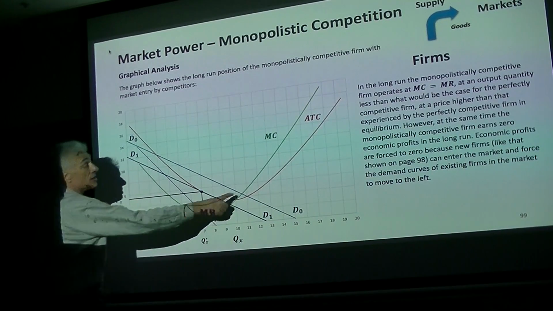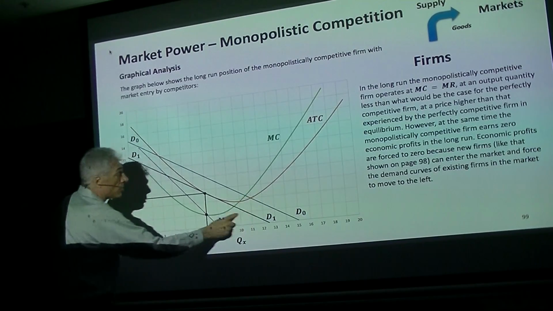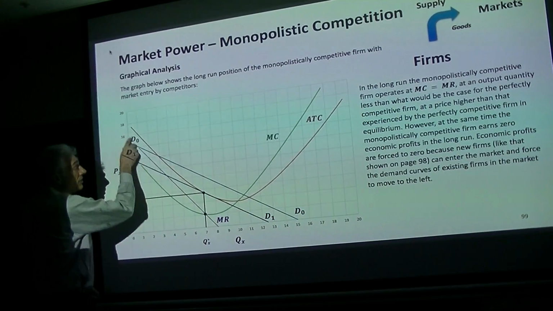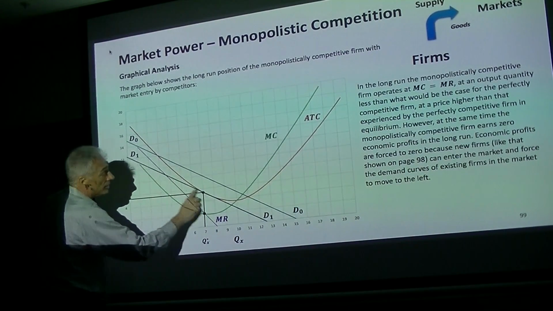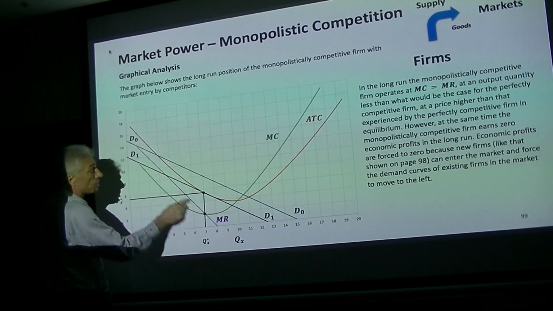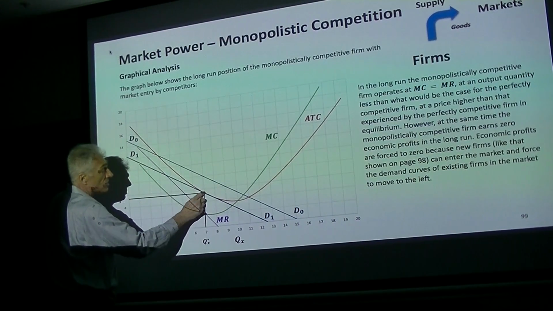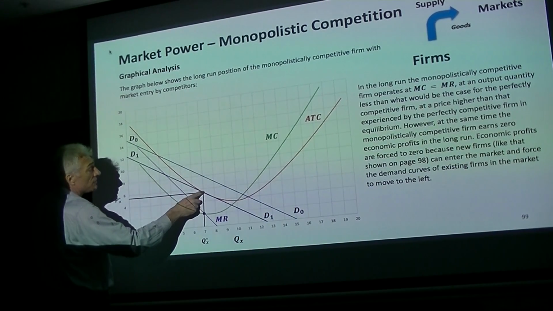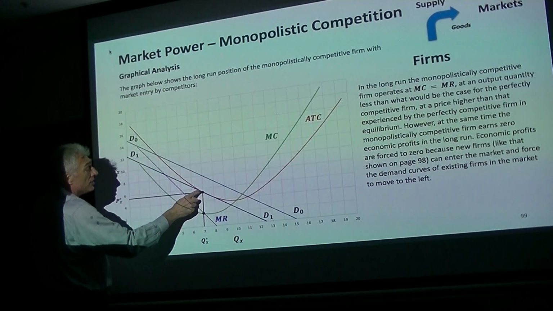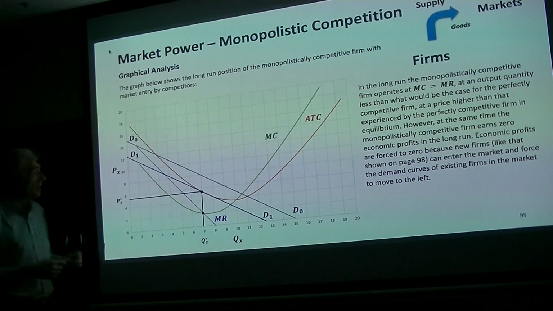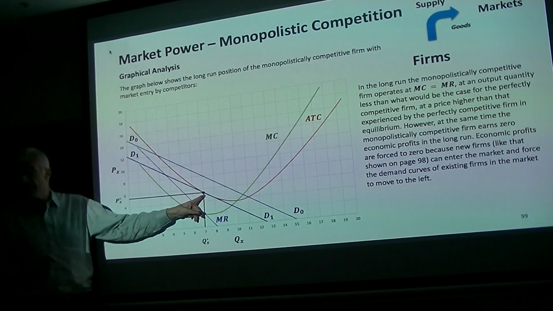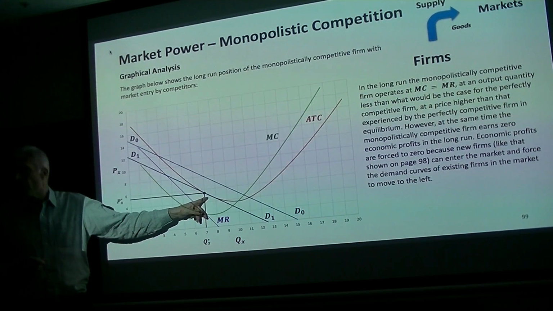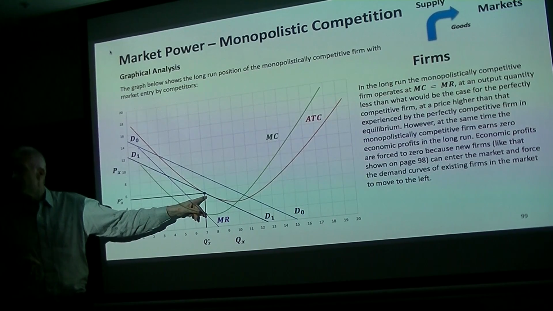So you can see it's on a different point. The average total cost curve is shifted to the left, and because it's a downward sloping marginal revenue curve, typically if your equilibrium point looks something like this, then you have a situation where there's monopolistic competition.